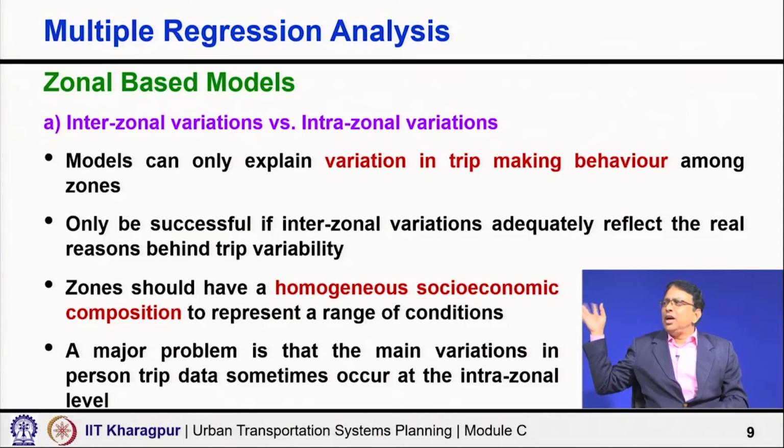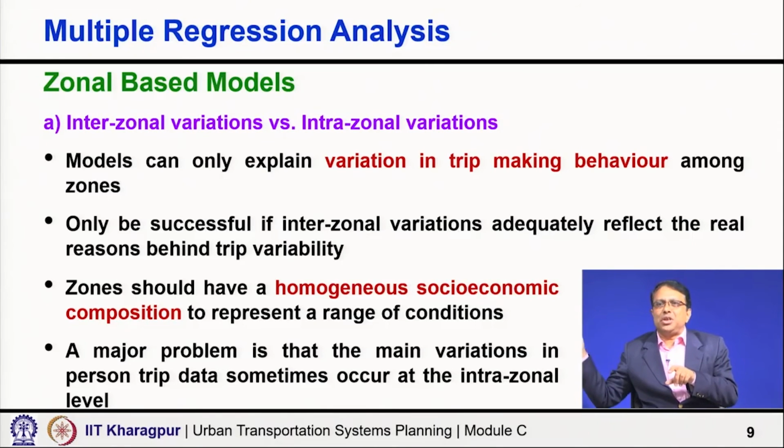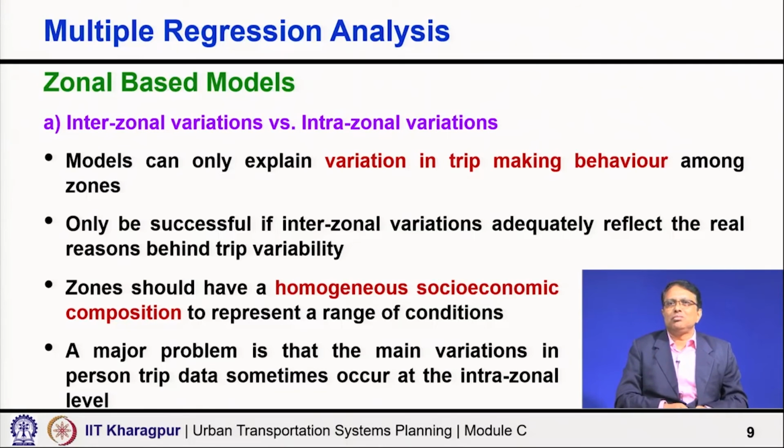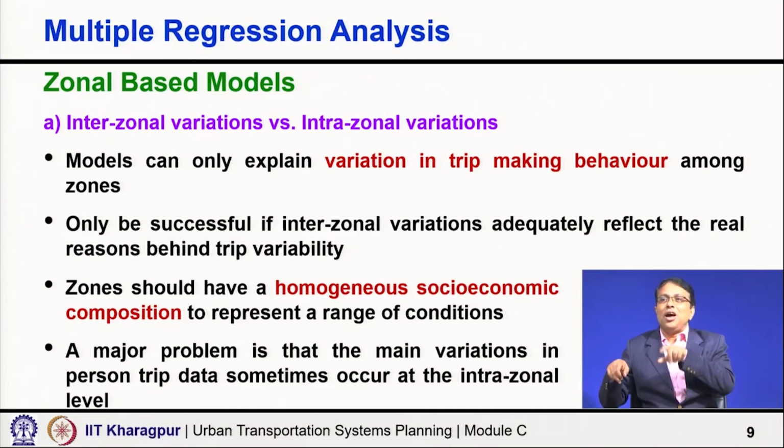In another zone, every household income is 1 lakh, like that. From one zone to another there is a distinct variation, and within a zone everybody is homogeneous, everybody has the same income. Then you will actually get a very good model, because you see how the income really changes from one zone to another, and then what the impact is on trip making behavior or trip generation.